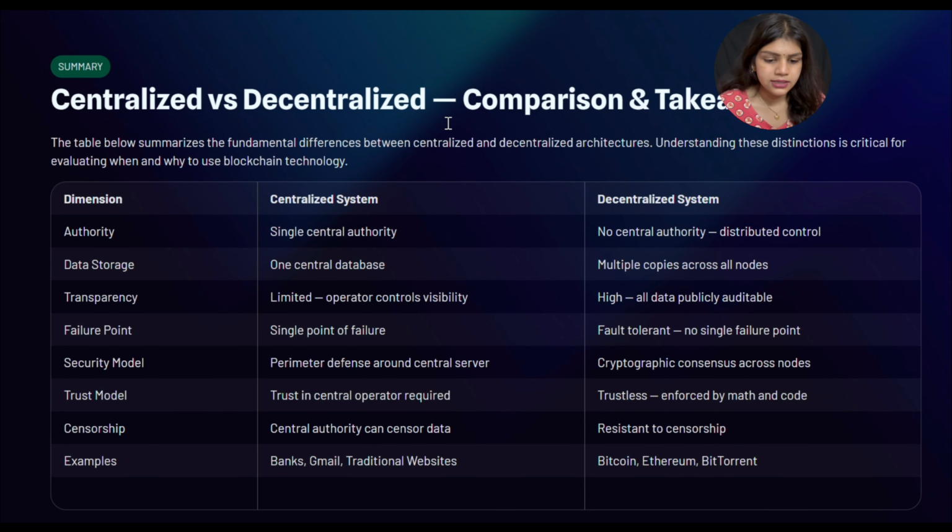Okay, this is the most important differentiation: central authority versus no central authority, one central database versus multiple copies, limited transparency versus more transparency, single point of failure versus fault tolerance, perimeter defense only for the central server versus cryptographic hashing, and trust in the central operator required versus trustless. Okay, central authority can censor data, versus no censorship. So examples are bank, Gmail, and traditional websites, versus Bitcoin, Ethereum, and BitTorrent.